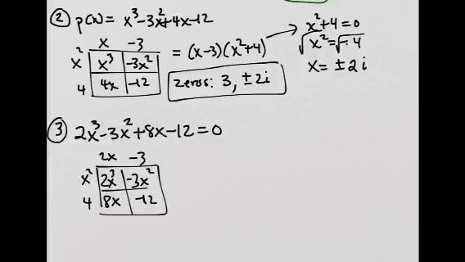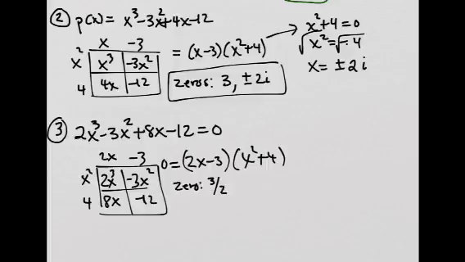Again, it worked. So the factors are 2x minus 3 and x squared plus 4. The zero for the first factor is 3 over 2. And example number 2 had the same exact factor, x squared plus 4, so I know it's plus or minus 2i without having to do the work again.